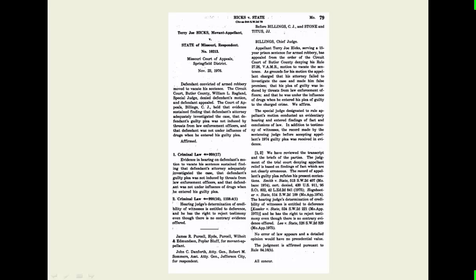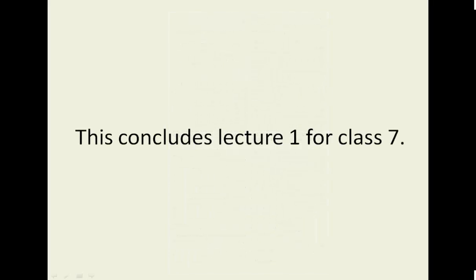All of these parts make up the whole of a case as you see it here in this single one-page decision. You can leverage the Westlaw Next database using the parts of the case to retrieve better sets of cases. We're going to look at the headnotes more closely in the next lecture. This concludes Lecture 1 for Class 7.